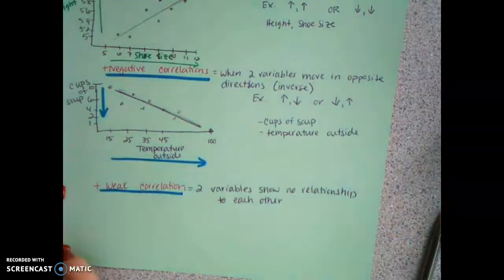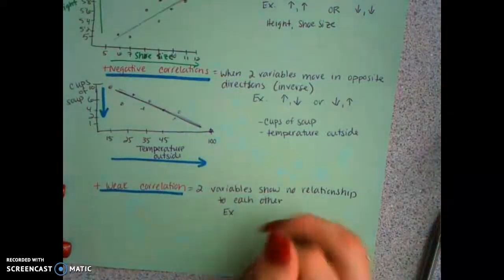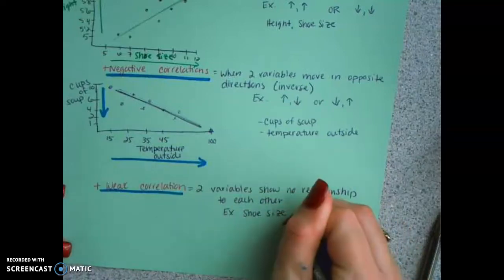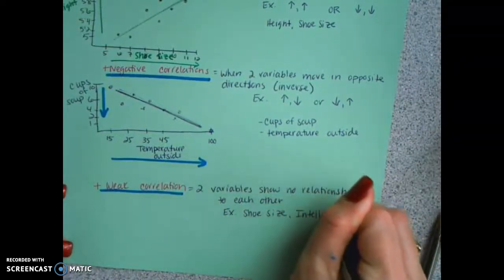So if they're going to show no relationship to each other, an example, just like we were doing before, could be, let's say shoe size is variable 1, and let's say your level of intelligence is the other.